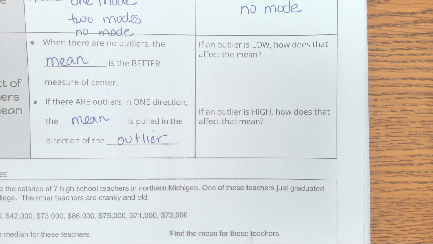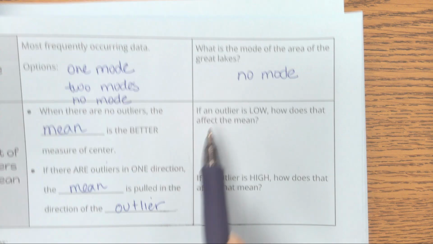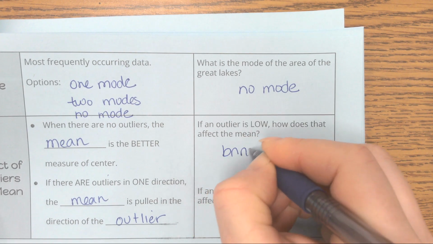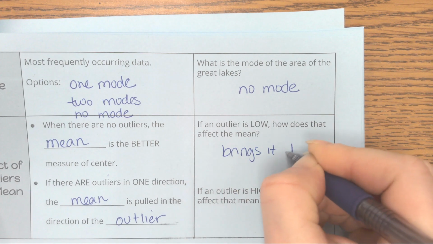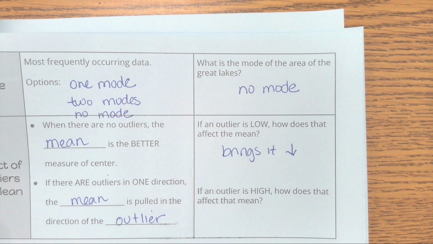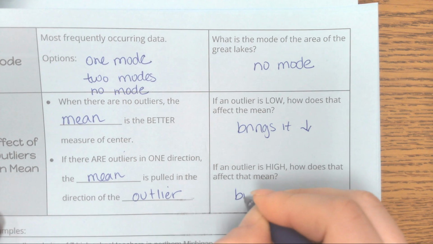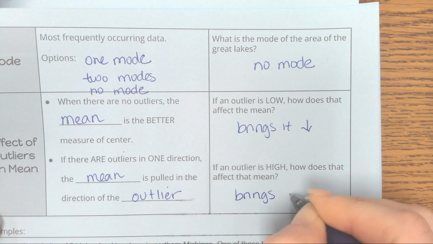And so typically I tell students if there's an outlier that probably the median is a better way of measuring the middle. So all that means is if an outlier is low, that brings the mean down. So it brings the mean down, that's a down arrow. If an outlier is high, it's going to bring it up.